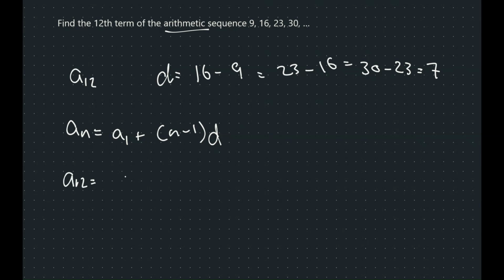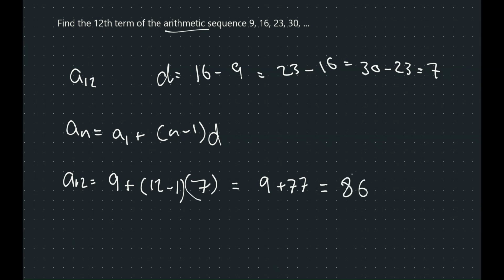So a12 is equal to a1, which is 9, plus (12 minus 1) times d, which is 7. So it's equal to 9 plus 77, which is equal to 86. And this is our answer.